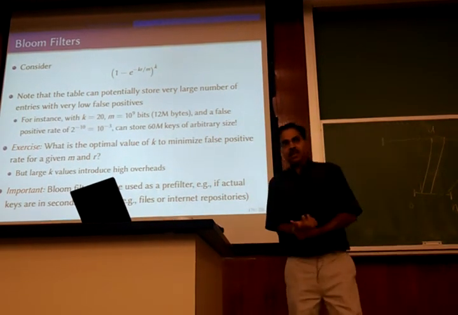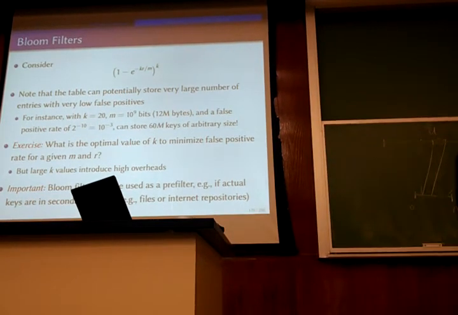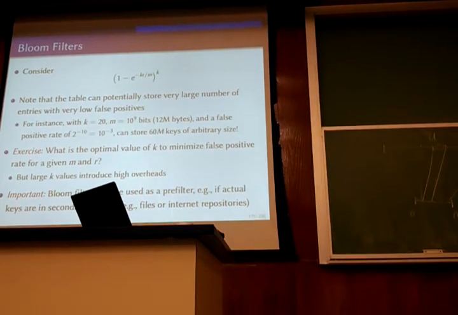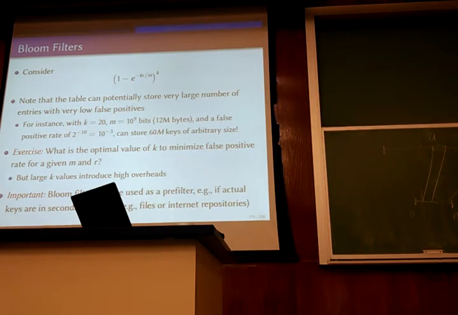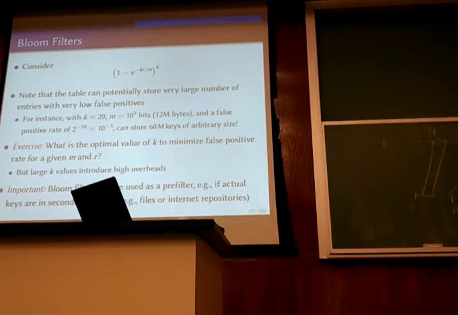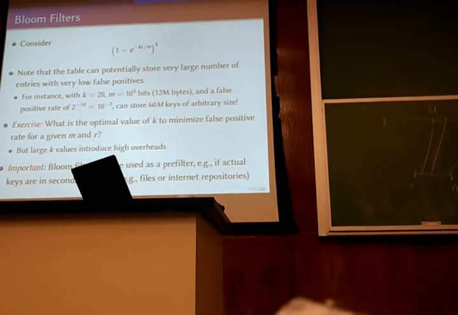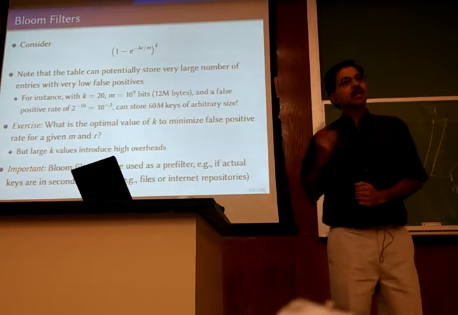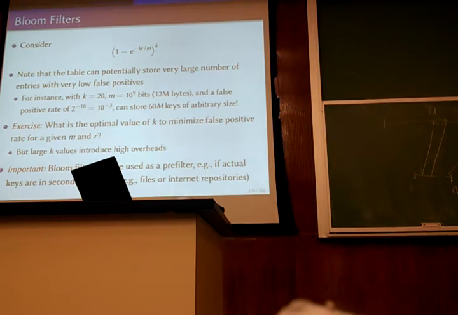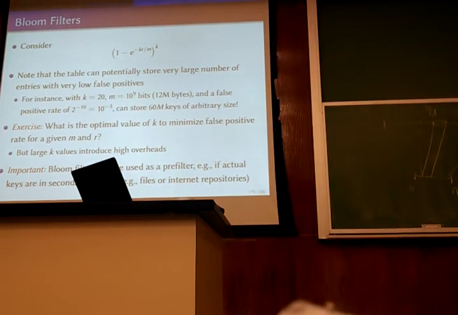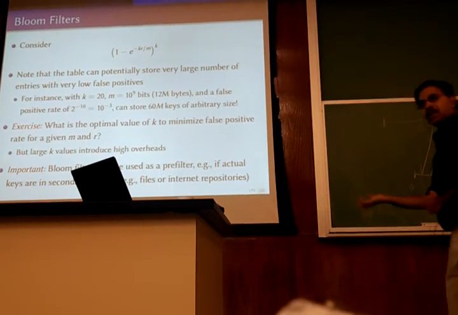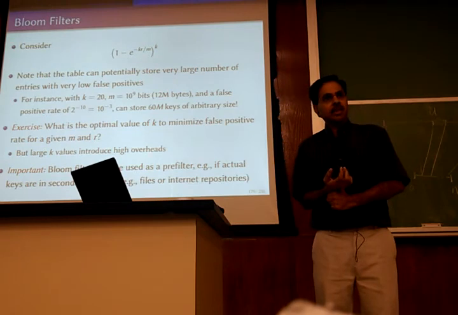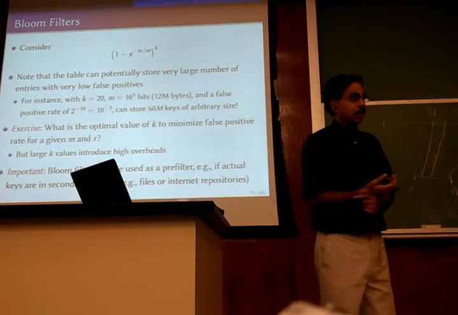The second scenario is that you have a real hash table where the keys are stored, but this hash table is offline. Maybe it's a distributed cache over the internet, or maybe it's on the disk, and it'll be much more expensive to go to the table on the disk and ask it, does this element exist?